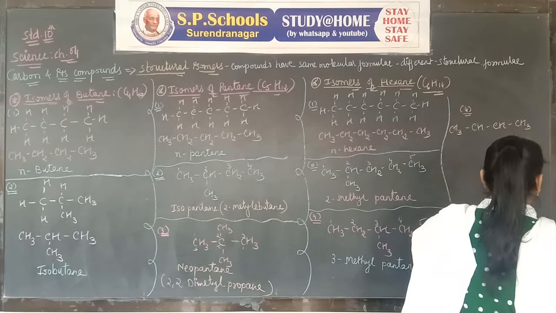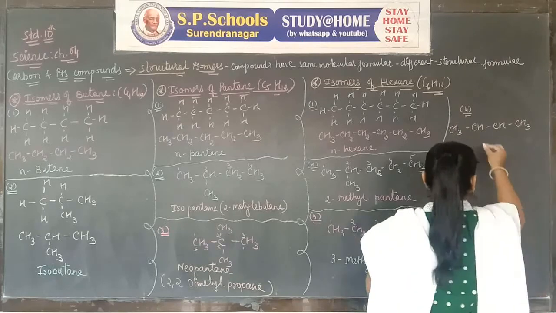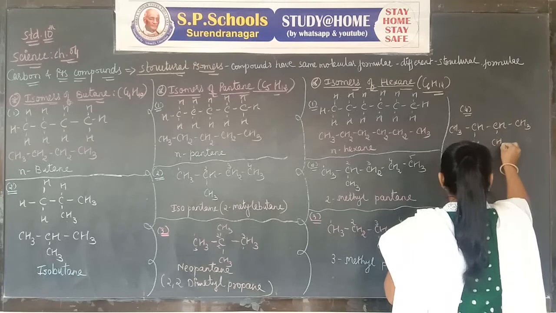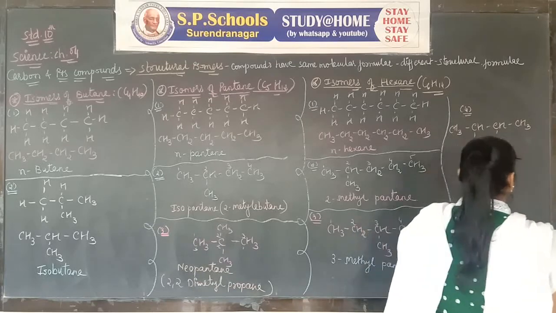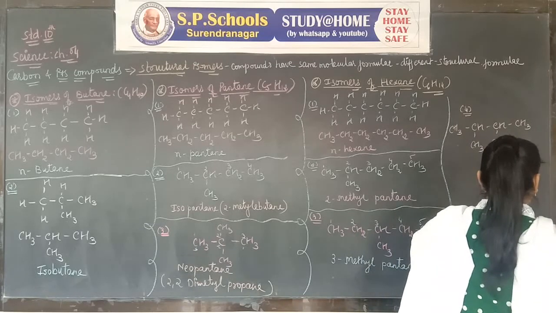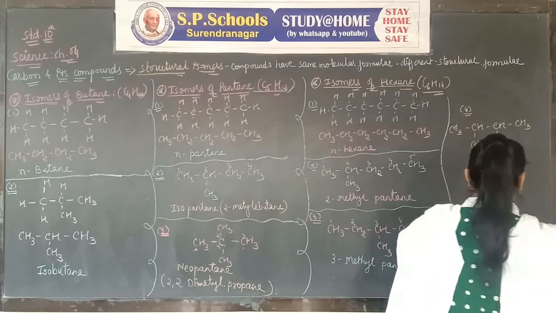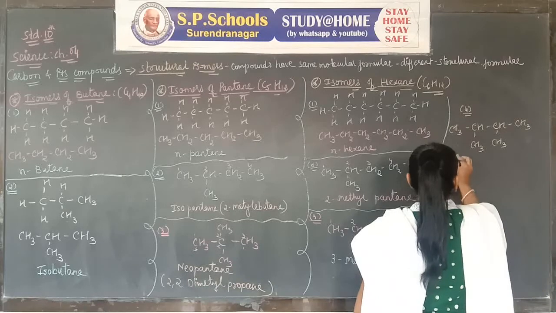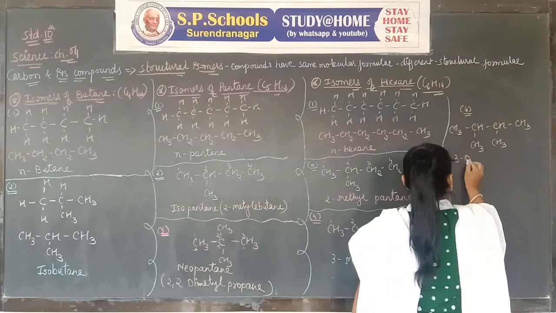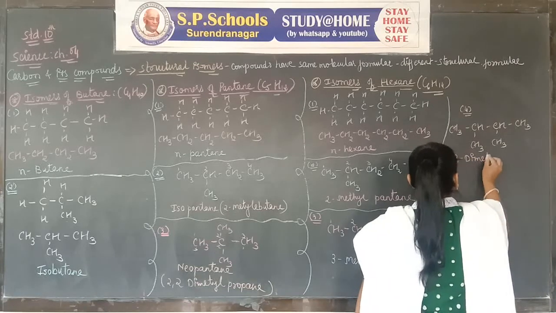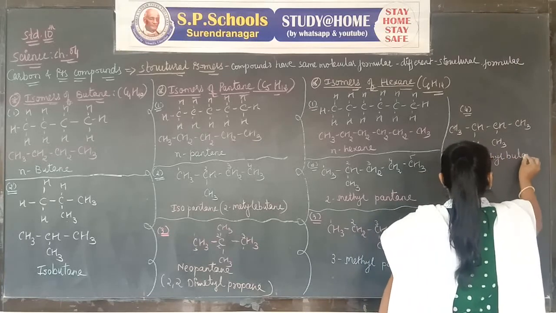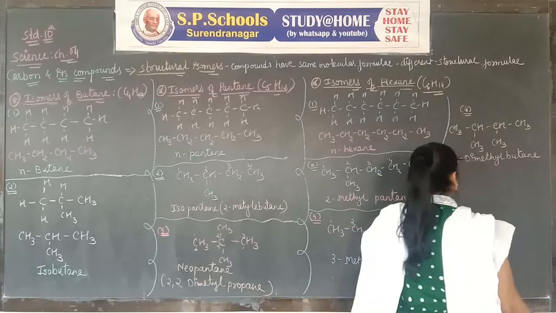If the methyl group is present on the second and third carbon, it will be called 2,3 dimethyl butane.